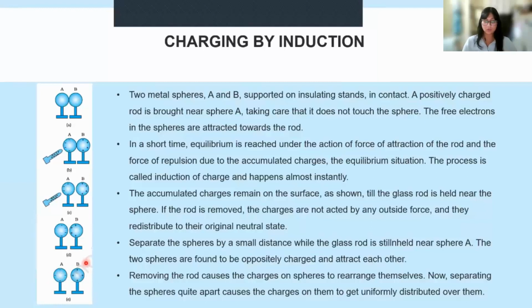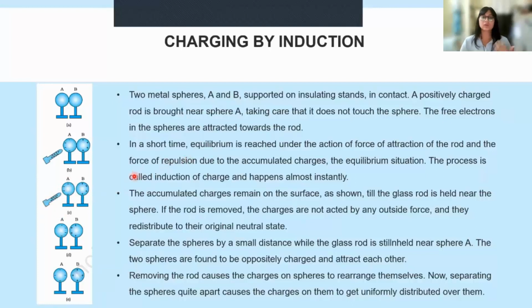This process, where the metal spheres are now equal and oppositely charged, is called charging by induction. The rod has not lost any of its charge, it has not transferred any charge from itself to the sphere, but because of it being just close to it, not even in contact, the charging has been induced by the glass rod.